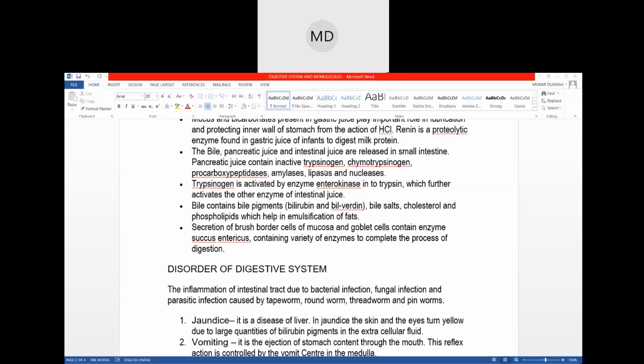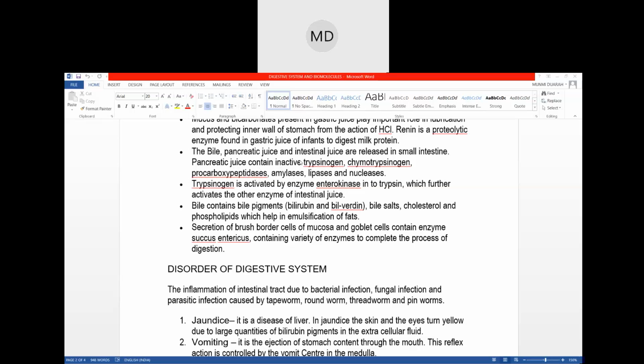Generally all these enzymes, that is 6 enzymes, are present in the inactive state in the pancreatic juice.